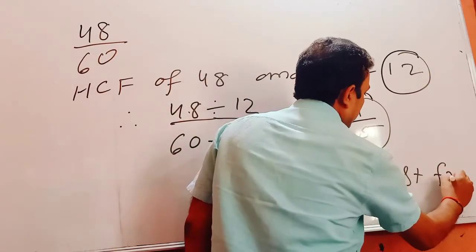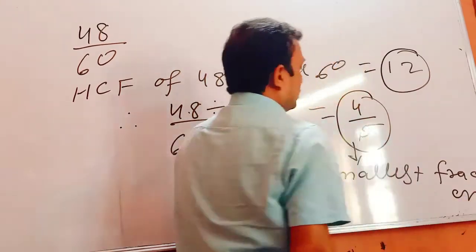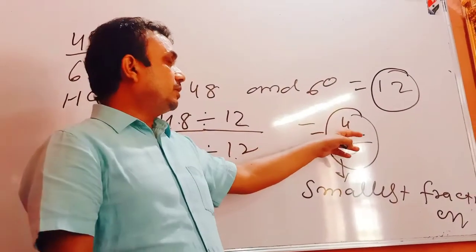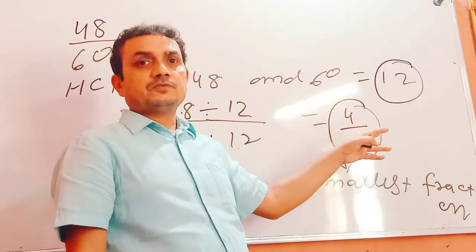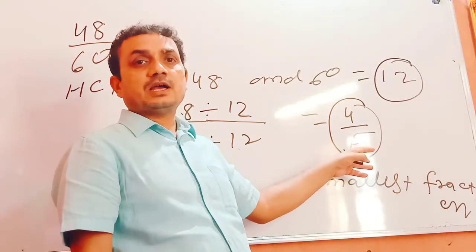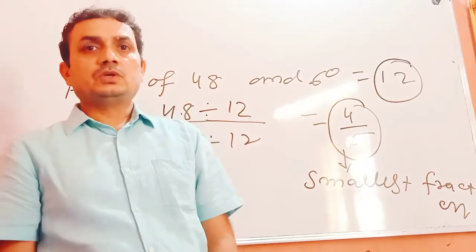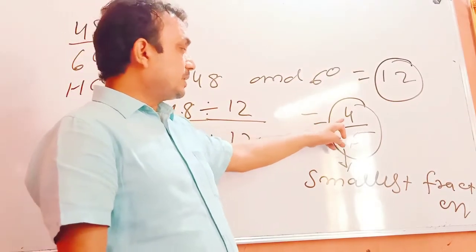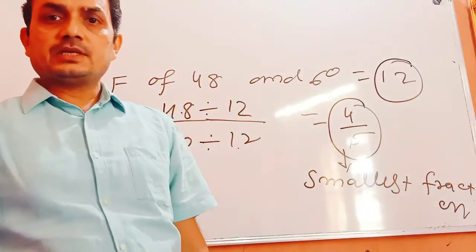Smallest fraction, because if we find the factors of 4, they are 1 and 4, and the factors of 5 are 1 and 5. 1 is the common factor of 4 and 5, so this fraction is called the smallest fraction. Clear?